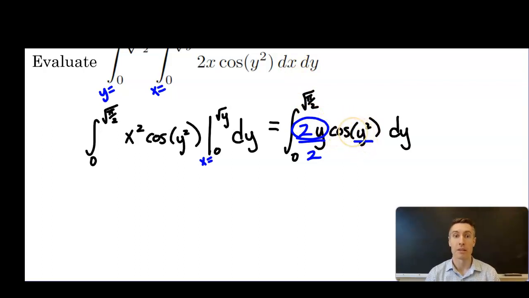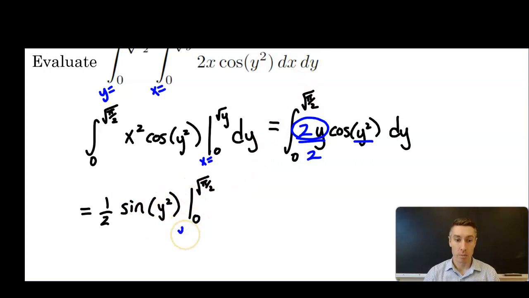We're thinking about this as the integral of cosine of u, which will be equal to that 1/2. So 1/2 times the integral of cosine, which is sine, and y squared is that u term, so sine of y squared. Evaluate that from 0 to the square root of pi over 2. Not as significant here, but just a reminder, these are now the y bounds that we are plugging in for y.